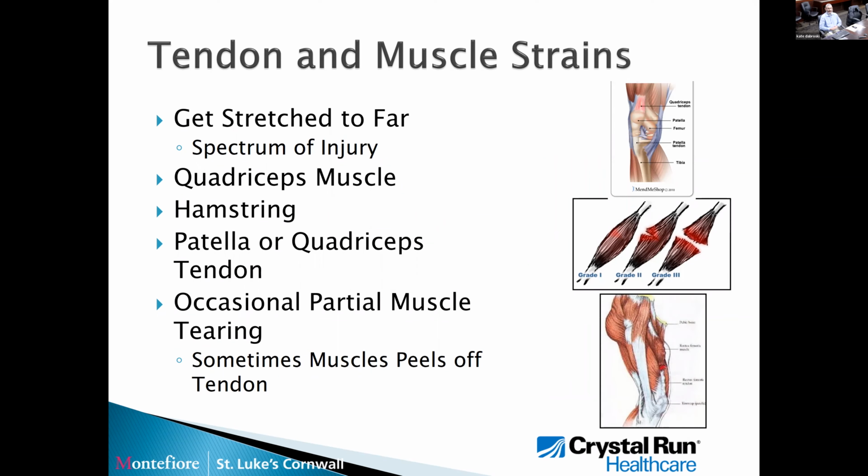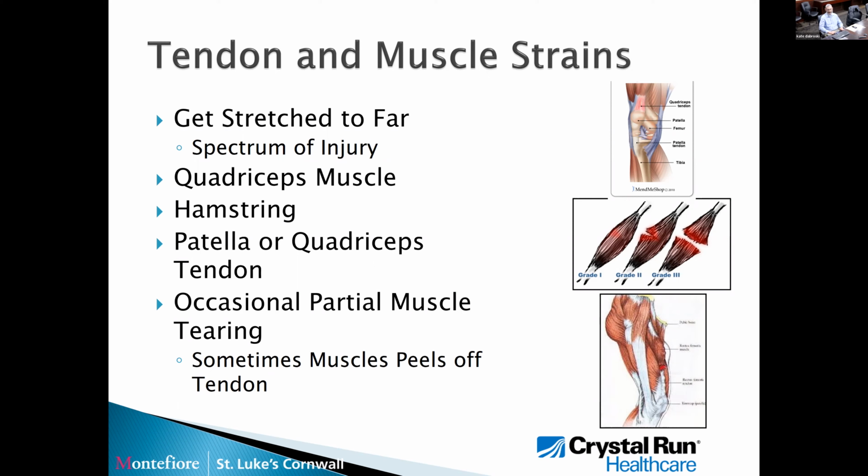Tendon and muscle strains, we all know how these happen. The muscle or the tendon gets stretched too far. There's a spectrum of injury. As you can see in that middle picture there, there's a grading system for this. The common sites where this occurs are the quadriceps muscle, the muscle in the front of the knee, the hamstring muscles and tendons, those are in the back of the knee, and then the patella or quadricep tendon, which are in the front of the knee, either below or above the kneecap.